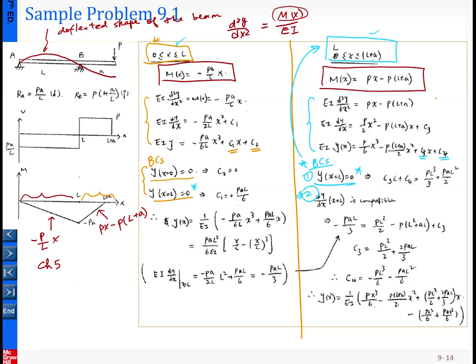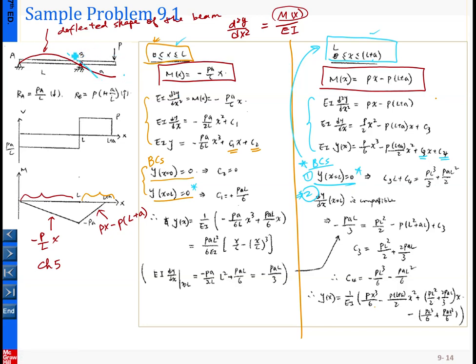And this one can be observed by this. At point B here, assuming the beam doesn't break during deflection, that means the slope of the beam must be continuous. So at B here, this is a slope.